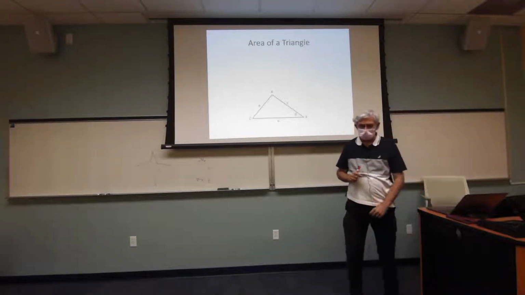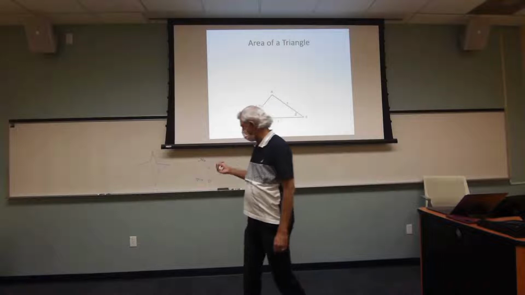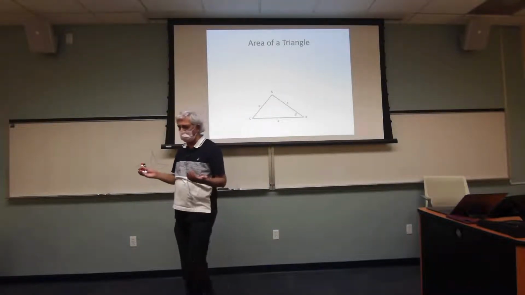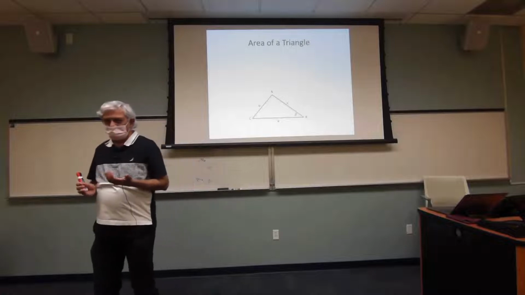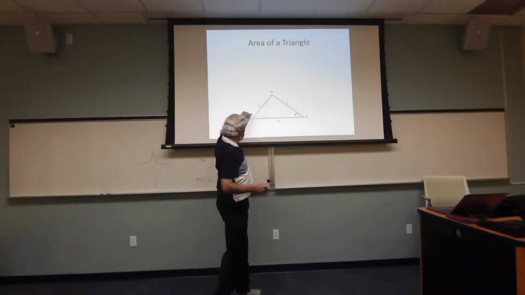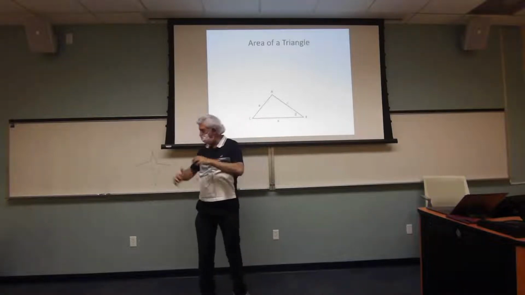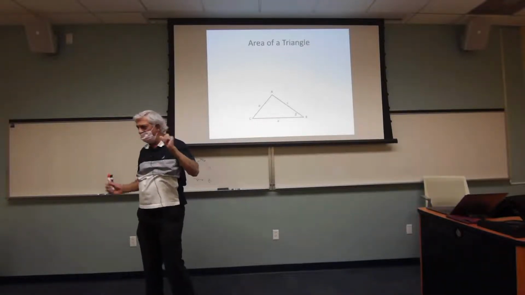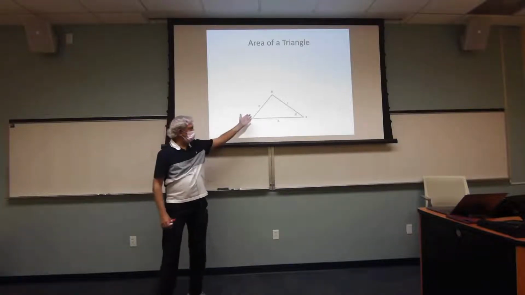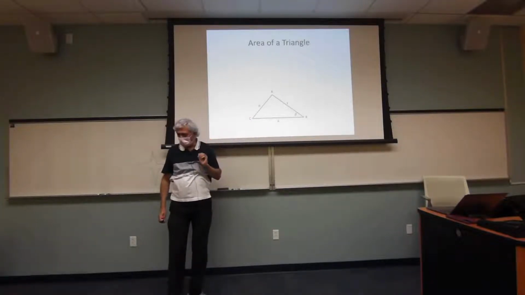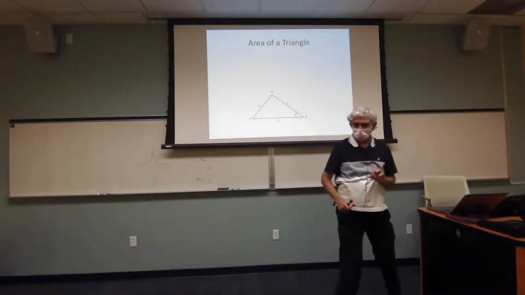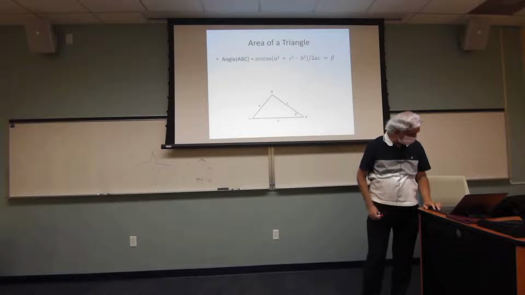For area of polygon, we have to start with area of a triangle. We talked about it. And for area of triangle, somebody told me the formula is half base times height. Unfortunately, in this case, you're given the coordinates of A, B, and C, which could be anywhere, could be turned in any direction. And we have to figure out the base and height of this. Fortunately, there are many other formulas for area of a triangle, which you can use.